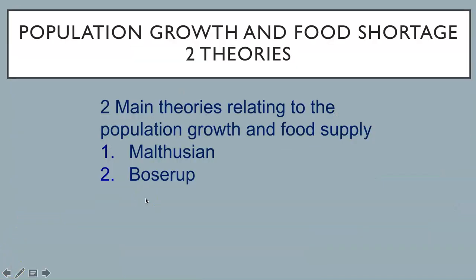Obviously, food is an issue when considering the sustenance of the world population. There are two main theories relating to population growth and food supply, the Malthusian and the Boserup.